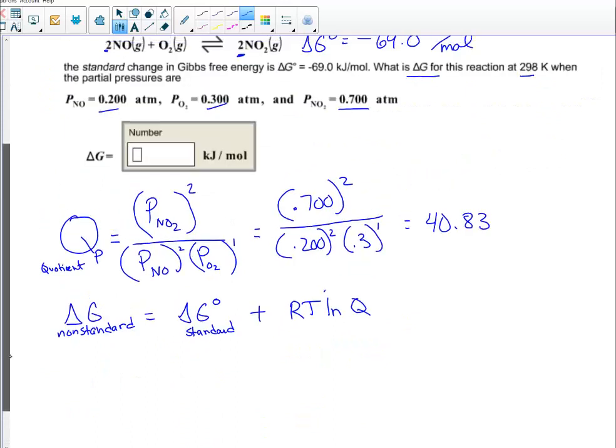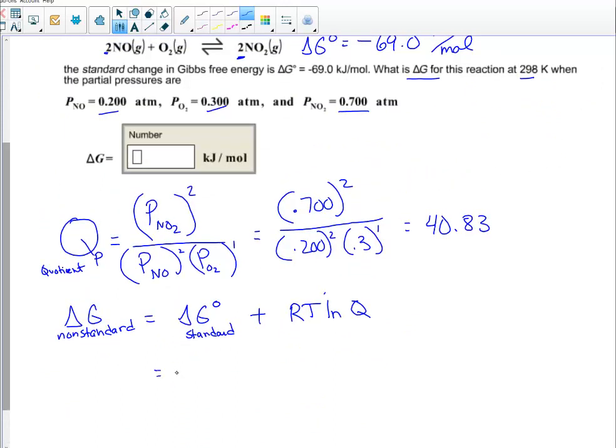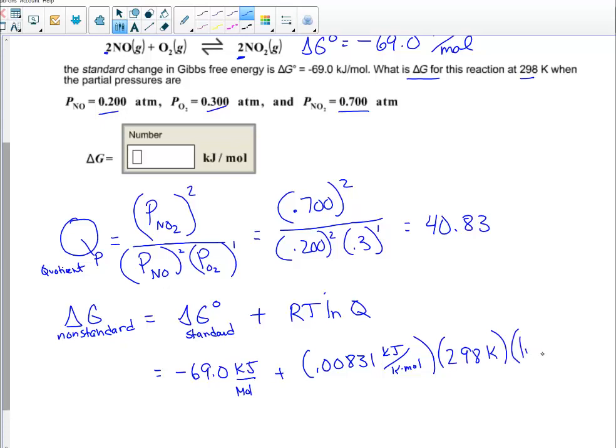Okay, so we want delta G, which was negative 69, plus R, 0.00831 kilojoules per Kelvin mole. That's your ideal gas constant from your gas laws chapter. 298 Kelvin units, standard temperature, times the natural log, ln Q, natural log of 40.83.